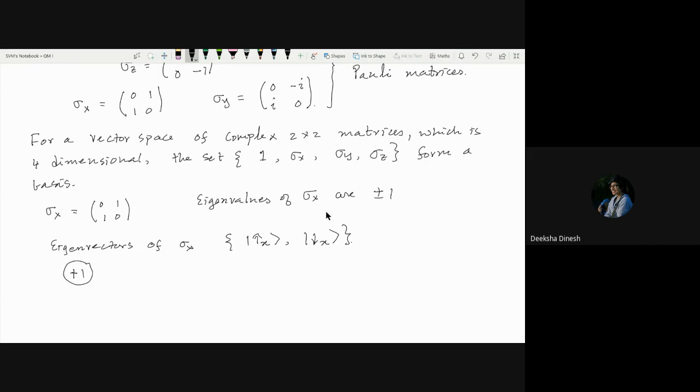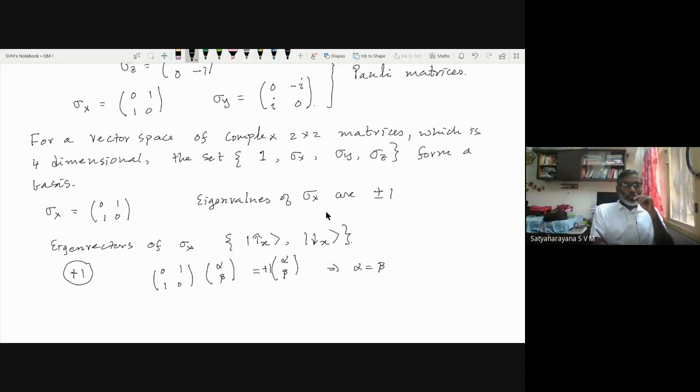I must write 0 1 1 0 acting on an eigenvector which I do not know, I will call it alpha beta, equal to plus 1 into alpha beta. That is the eigenvalue equation, right? This gives me that alpha is equal to beta. Both the equations give me only alpha equal to beta.